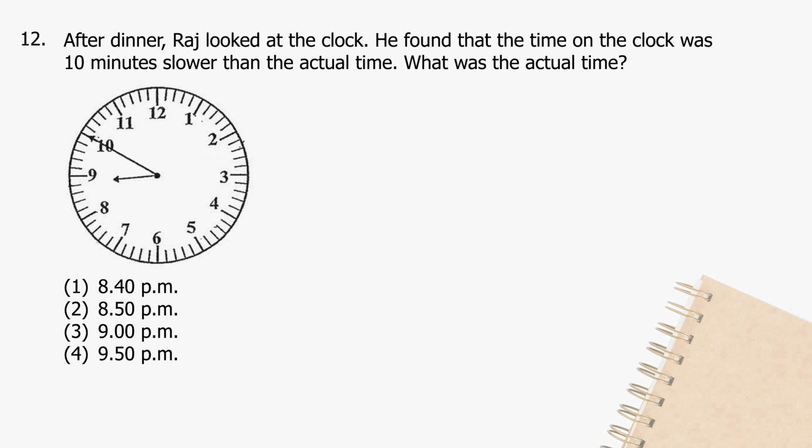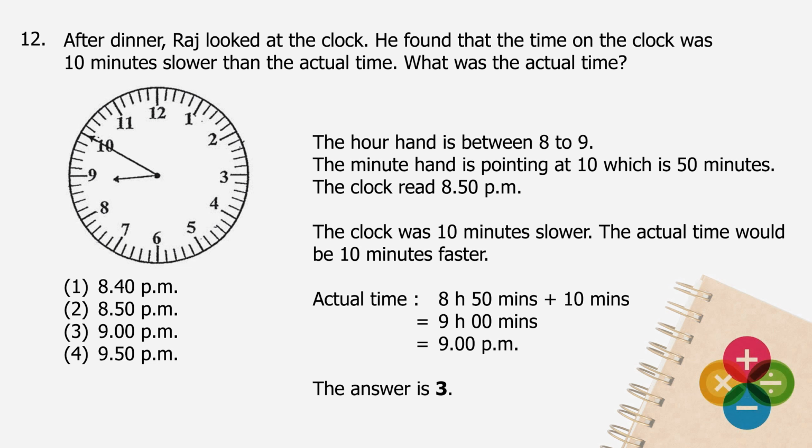Question 12. After dinner, Raj looked at the clock. He found that the time on the clock was 10 minutes slower than the actual time. What was the actual time? The hour hand is between 8 to 9.